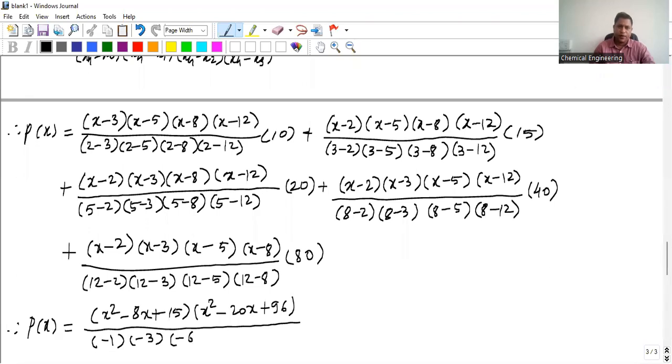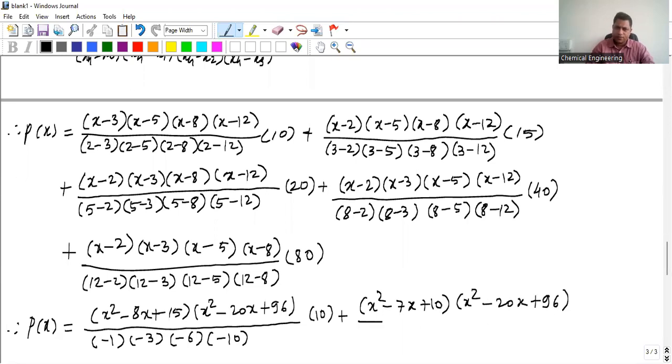This is going to be minus 6. And this is going to be minus 10. And here we have 10 plus. Now think of the next term. So we can have x square minus 7x plus 10, x square minus 20x plus 96.